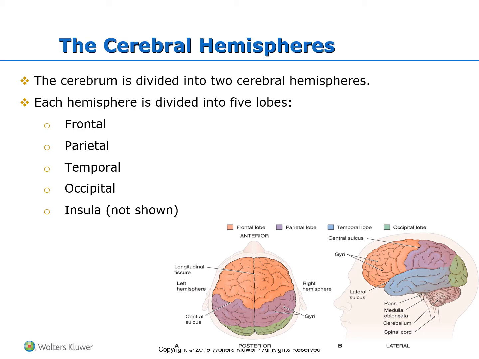We do have an additional small fifth lobe located deep within each hemisphere, and it cannot be seen unless we open the two hemispheres like a book. That tiny lobe is called the insula. Each hemisphere is covered by a layer of gray matter. That's what we see on the outside.